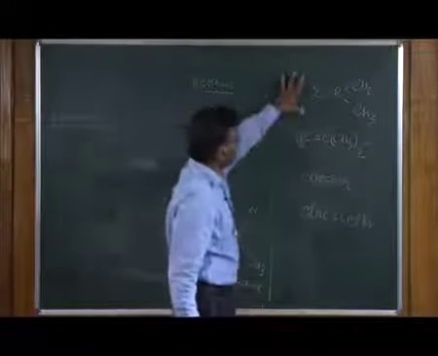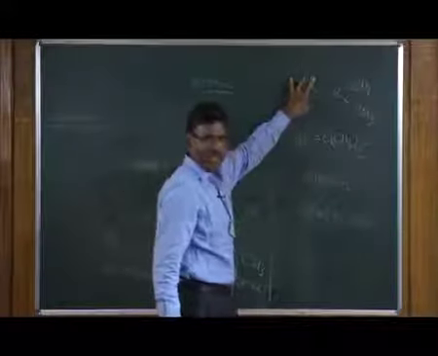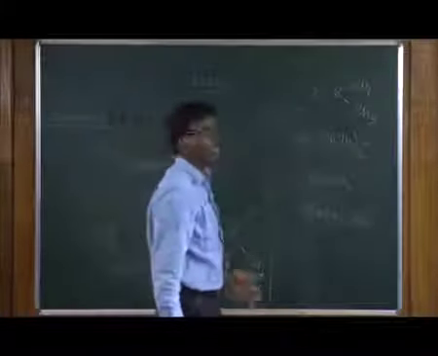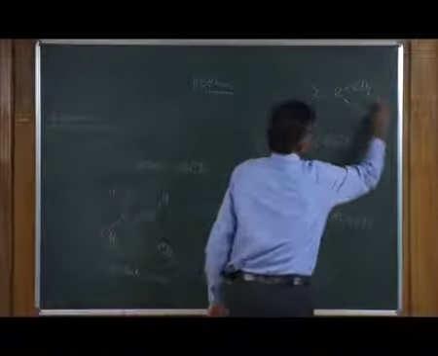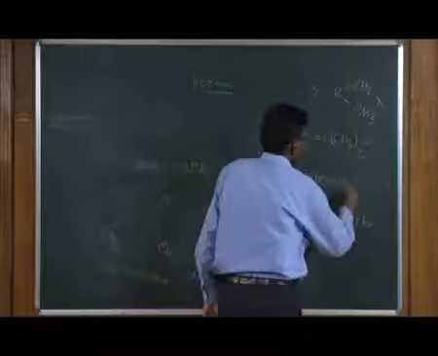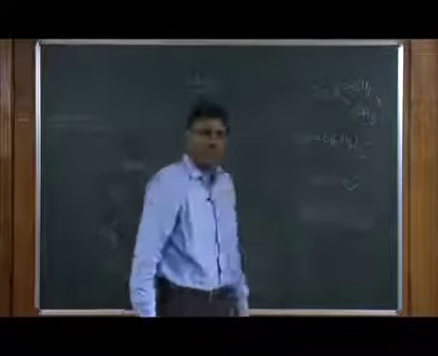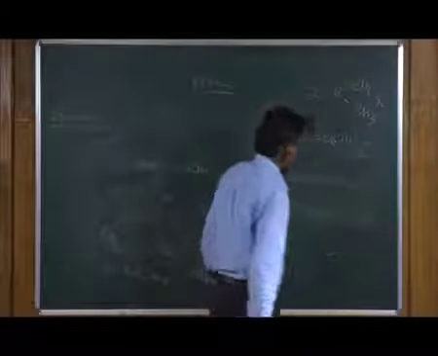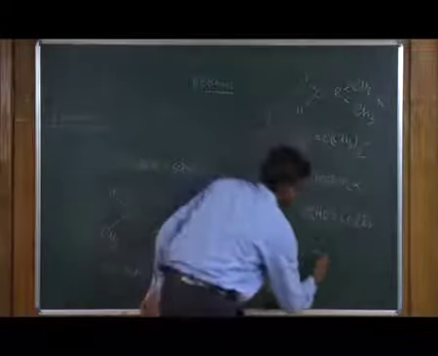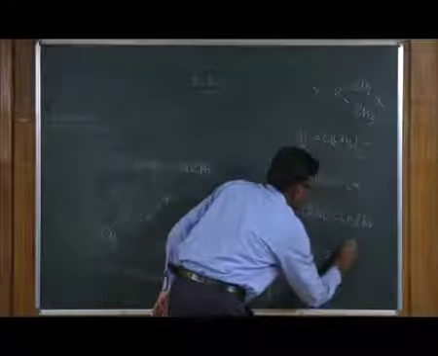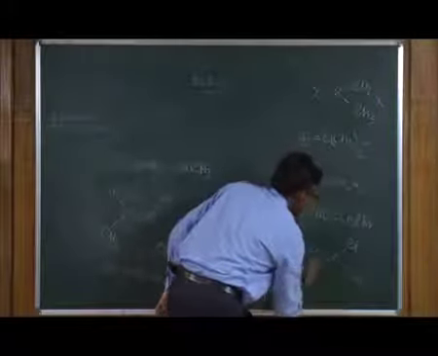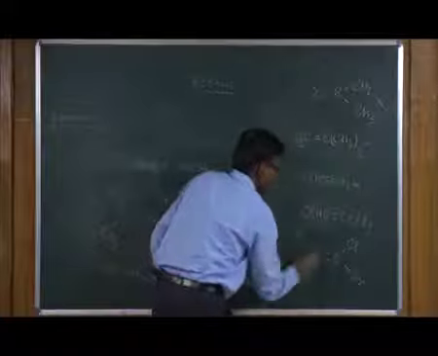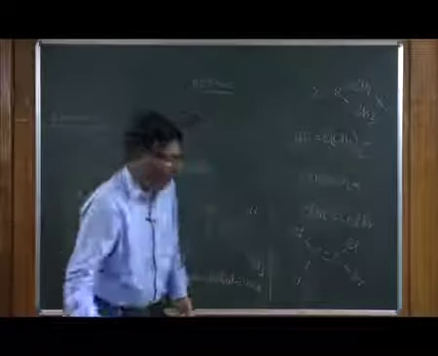When you have the same substituent on the carbon atom, they cannot exist as cis and trans forms, therefore they cannot be geometrical isomers. This also, if you look at it, has two hydrogen atoms on one carbon, so it cannot exhibit geometrical isomers. However, in this case, this is cis, and you can also have another form.